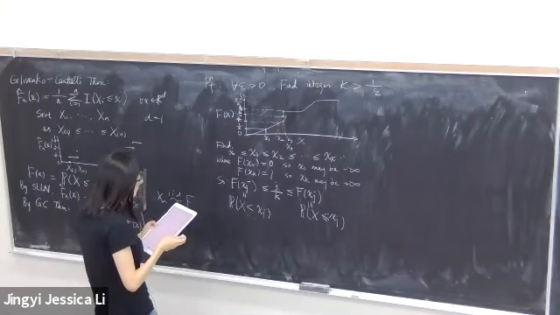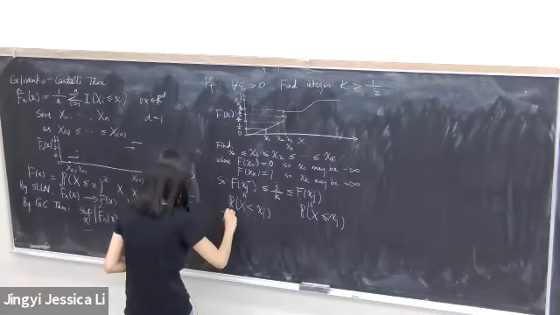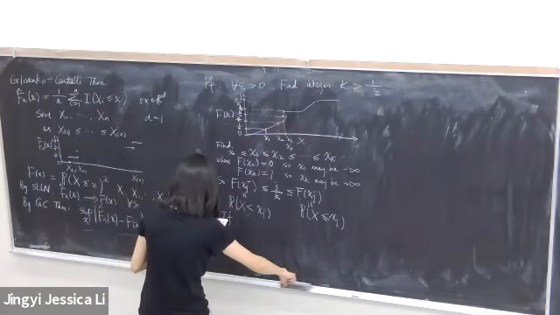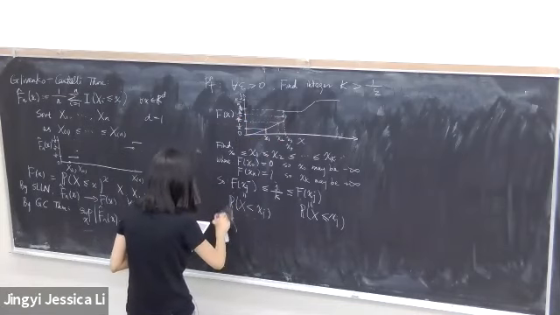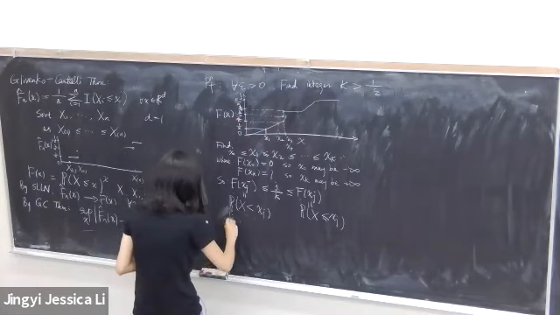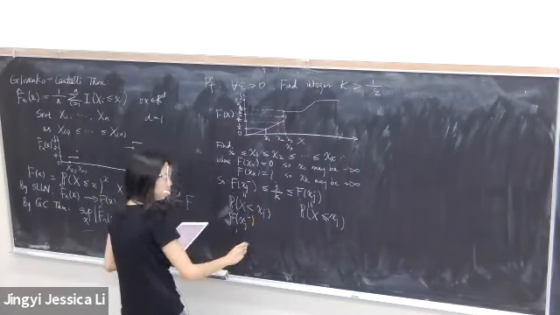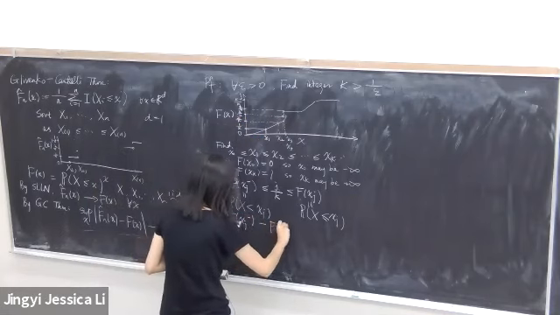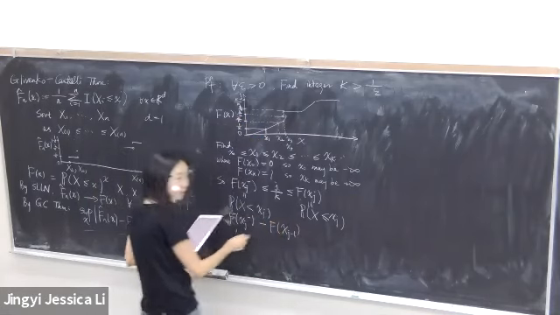So you can naturally see that we also have F(xj-) minus F(x(j-1)), the previous points.